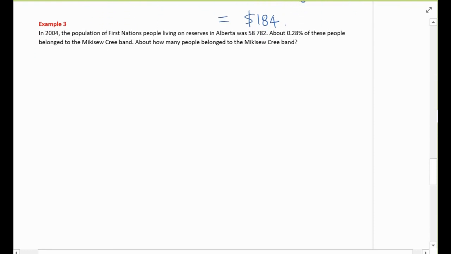Okay, example 3. In 2004, the population of First Nations people living on reserve in Alberta was 58,782. Here, highlight this phrase: about 0.28% of these people belong to the Mikisew Cree band. 0.28% of these people.